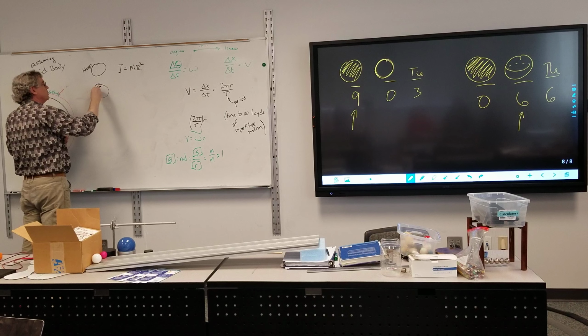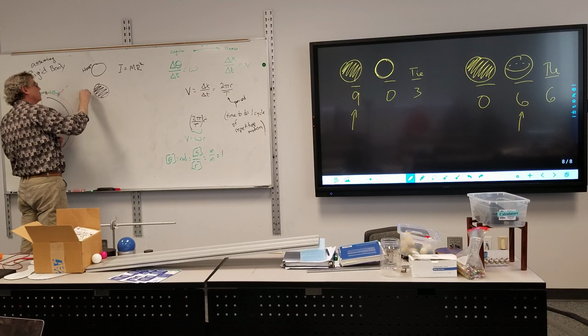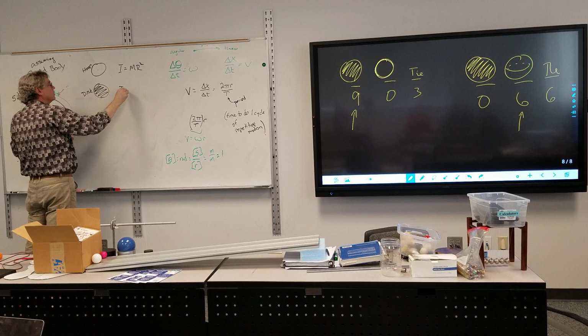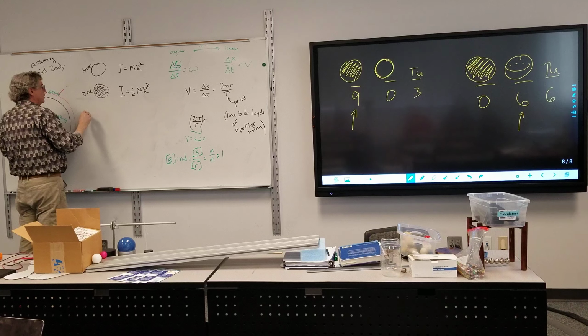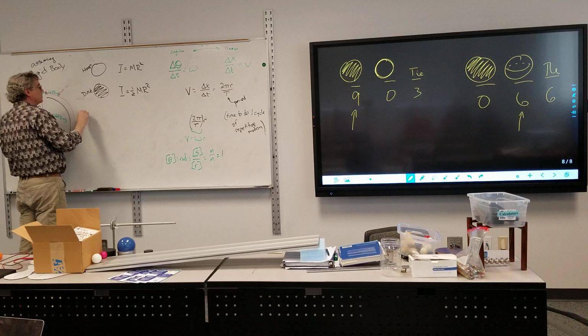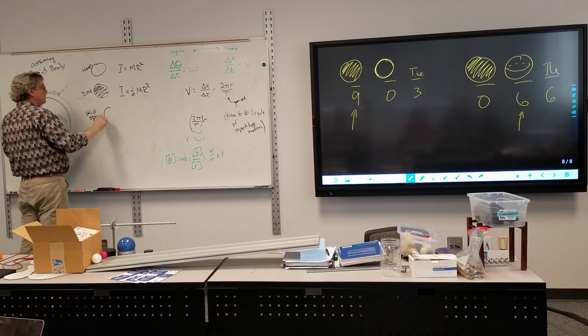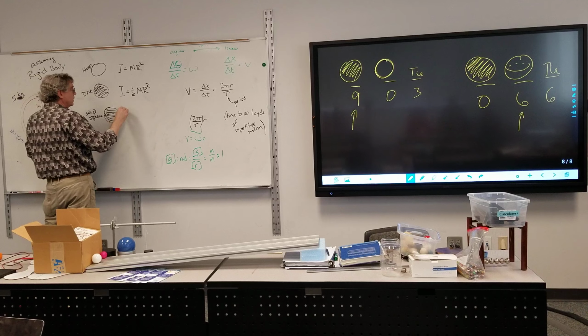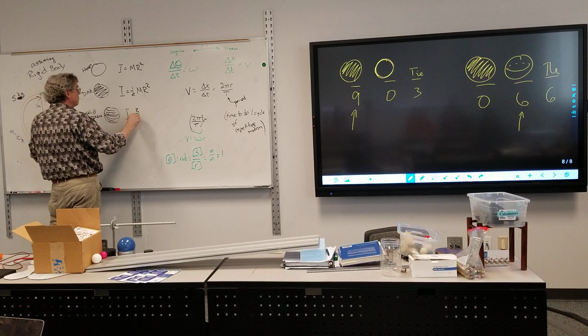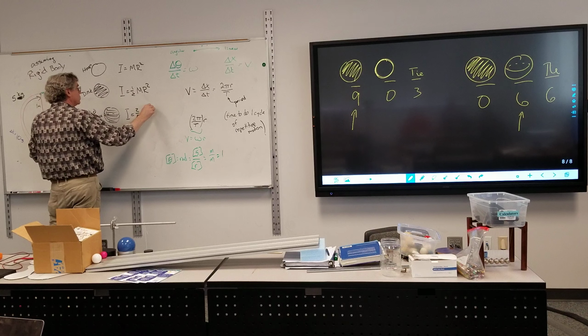For the solid disk, I is 1/2 m r squared. For the solid sphere, is it 2/5? Yep. I is 2/5 m r squared.